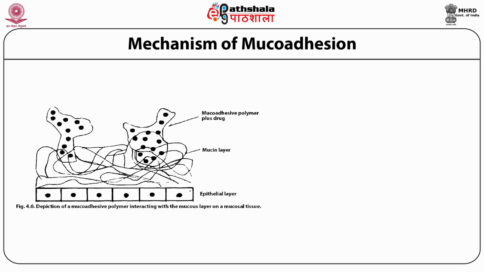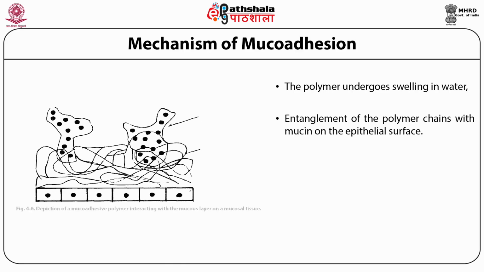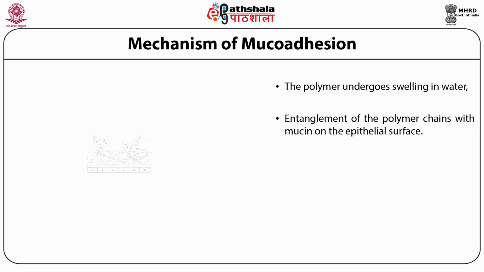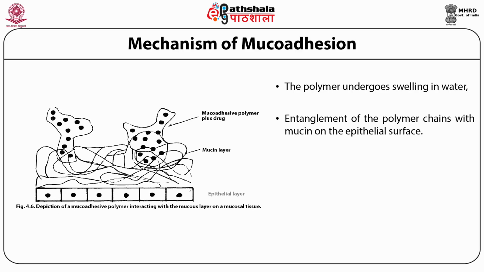The polymer which is chosen and tends to behave in a mucoadhesive manner undergoes swelling in water or aqueous media. Later on, it leads to the entanglement of the polymer chains with the mucin on the epithelial surface. This helps in consolidation of the dosage form onto the biological surface.